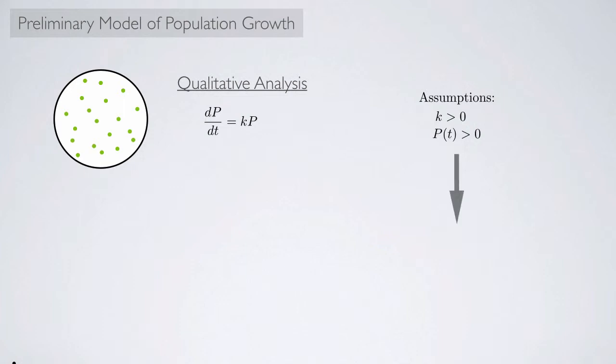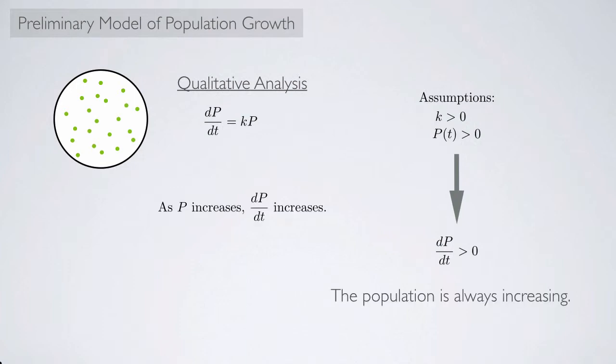If we assume these two things, then we also notice that dP/dt is greater than 0 for all times t, because if k is positive and P is positive, then k times P certainly is positive, which means dP/dt must also be positive. So the population is always increasing.